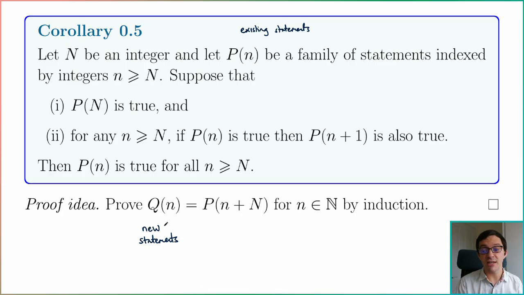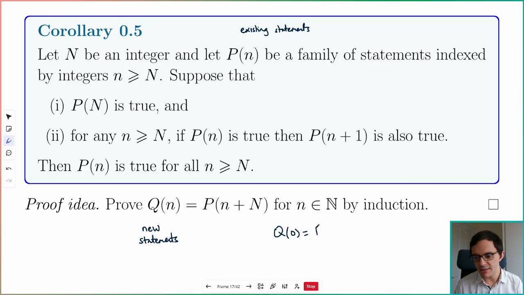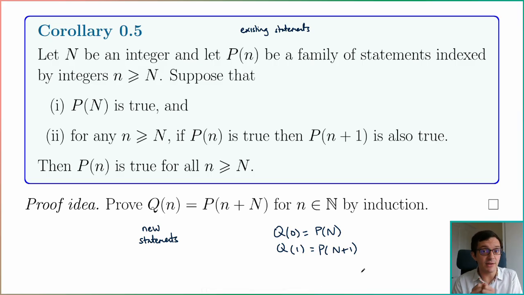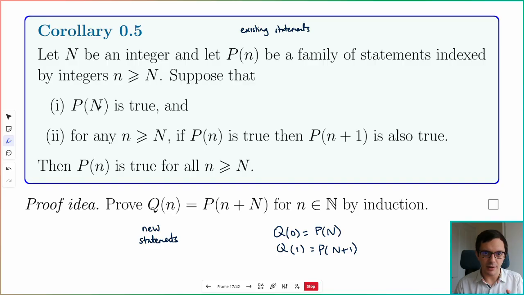I have Q0. To be precise, Q0 is P capital N. Q1 is P of capital N plus 1, and so on. And then I can prove these Q statements with normal induction, because I have precisely that P capital N is true. In translation, that means that Q0 is true.